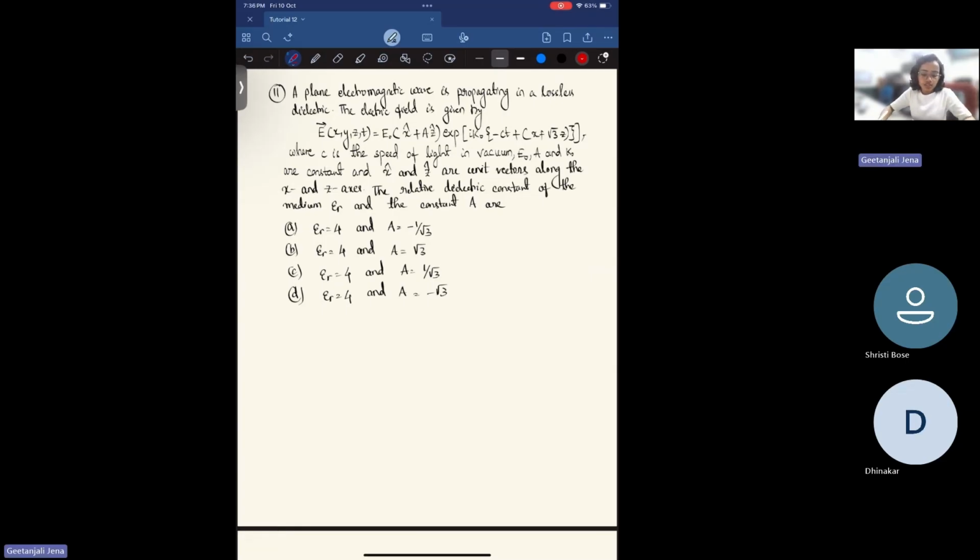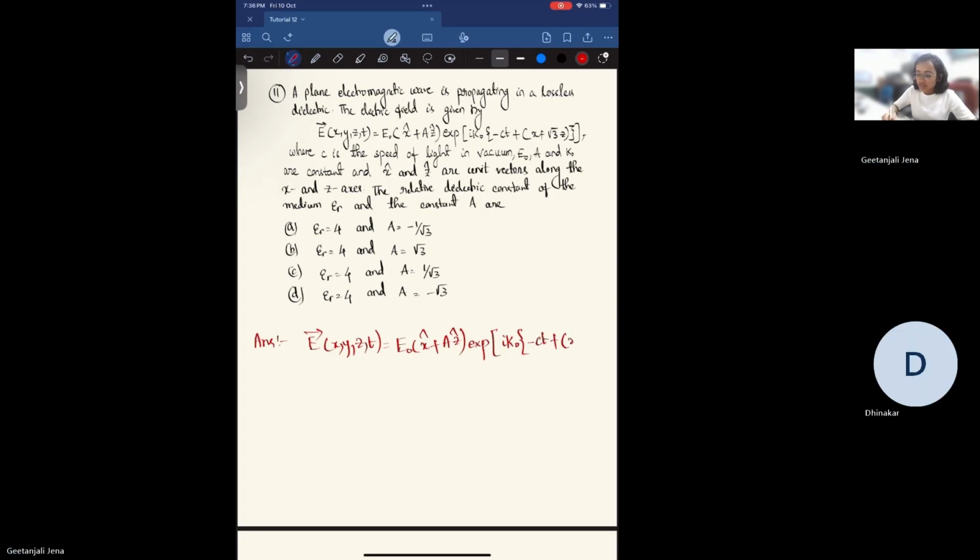For the 11th question, there is a plane electromagnetic wave propagating in a lossless dielectric, and the electric field is given by E(x, y, z, t) = E0 (x cap + A z cap) exponential i k0 (minus ct plus x plus root 3 z).